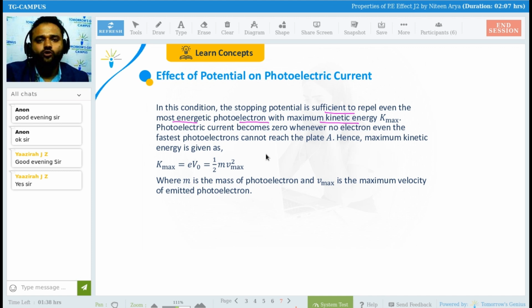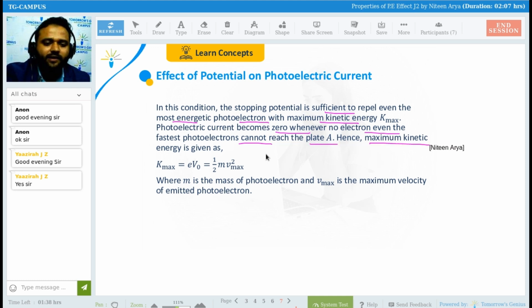Means at stopping potential, the potential is up to the mark, so it can create a repulsion effect for maximum kinetic energy, or for the fastest photoelectron which is moving with Vmax. So photoelectric current becomes zero whenever no electron, even the fastest photoelectrons, can reach the plate A.